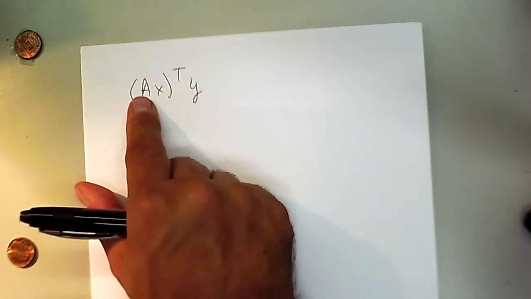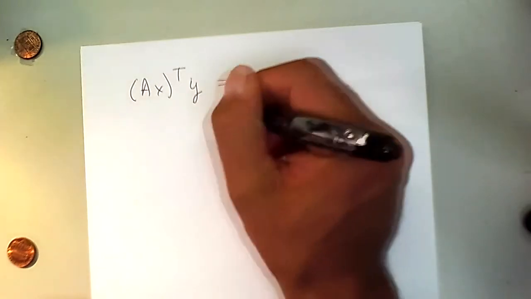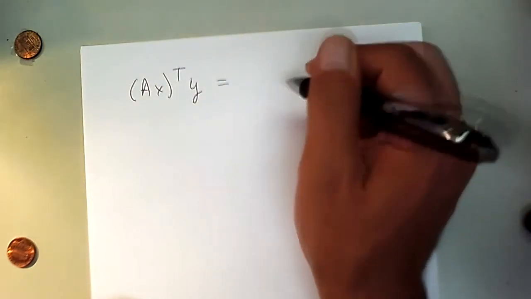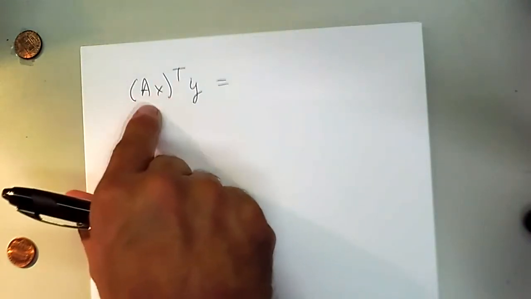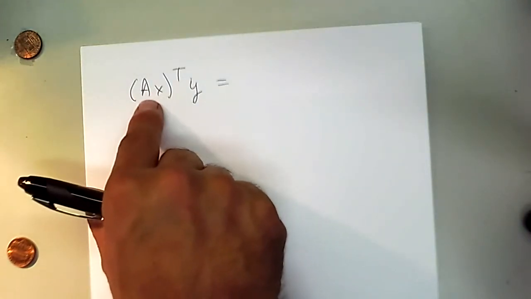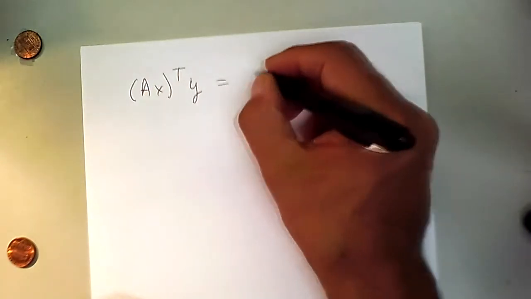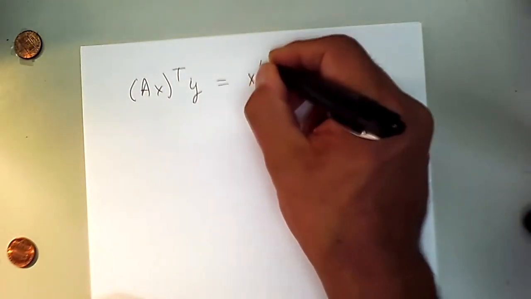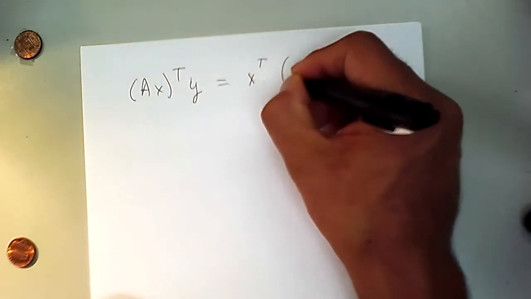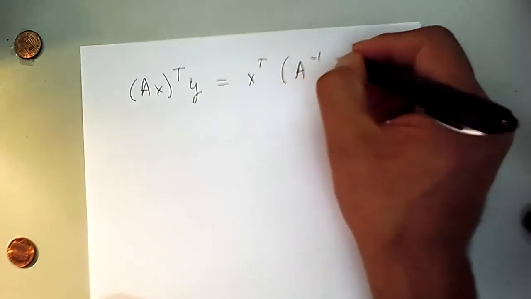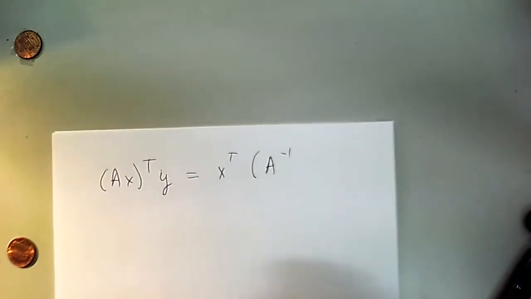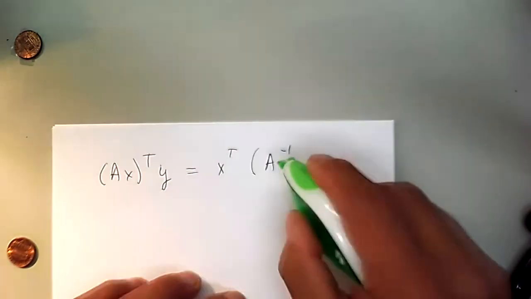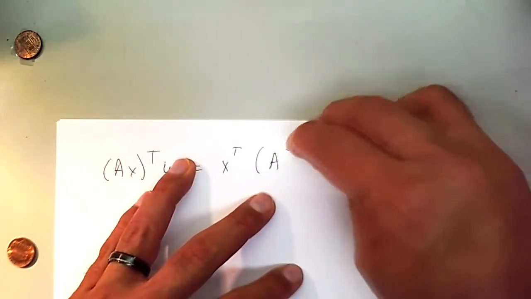And A is a matrix. So the transpose allows us to sort of commute X and A. We cannot commute, of course, but we can sort of commute it and have this as X transpose times, this is a transpose here, not an inverse.